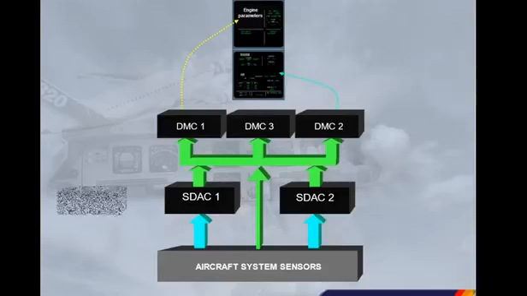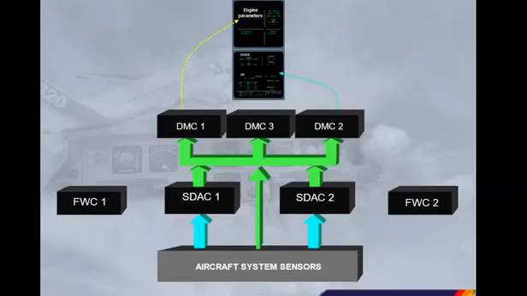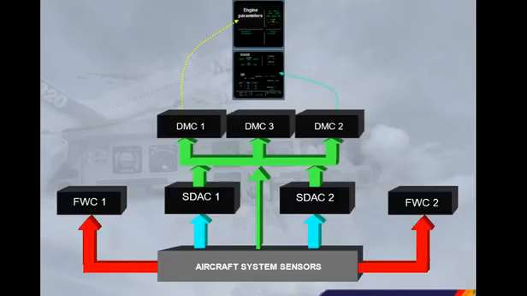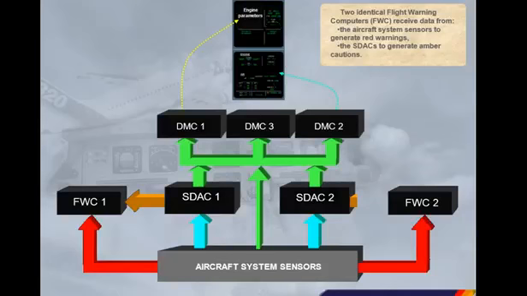Two identical flight warning computers, FWC, receive data from the aircraft system sensors to generate red warnings, and from the SDACs to generate amber cautions.